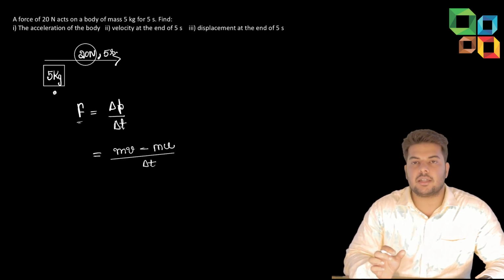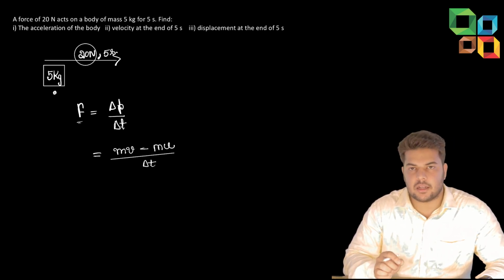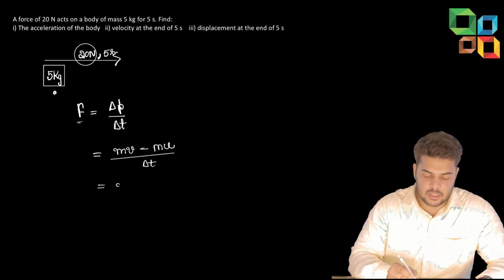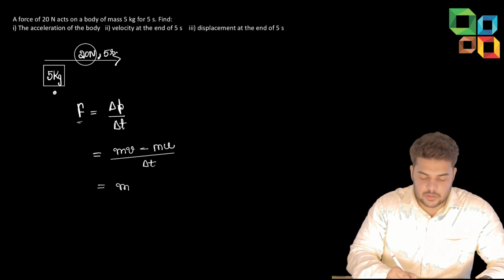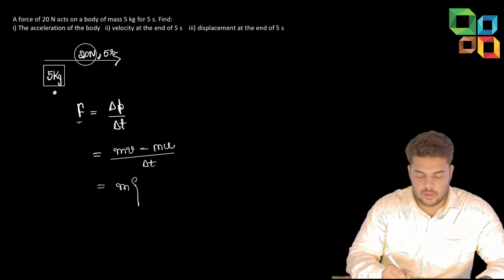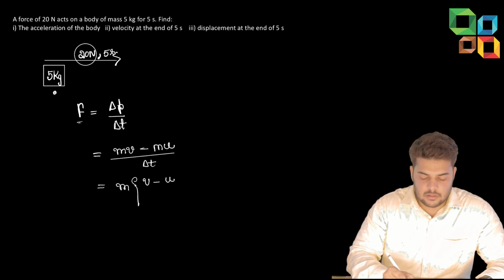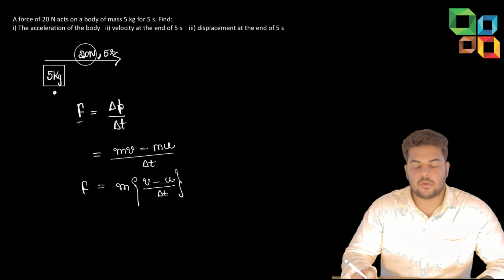The time interval that the body requires to change the momentum from mu to mv. So mass is a constant over here, so I can take that mass out. So what I'll find is that (v minus u) divided by delta t into mass is equal to the force.